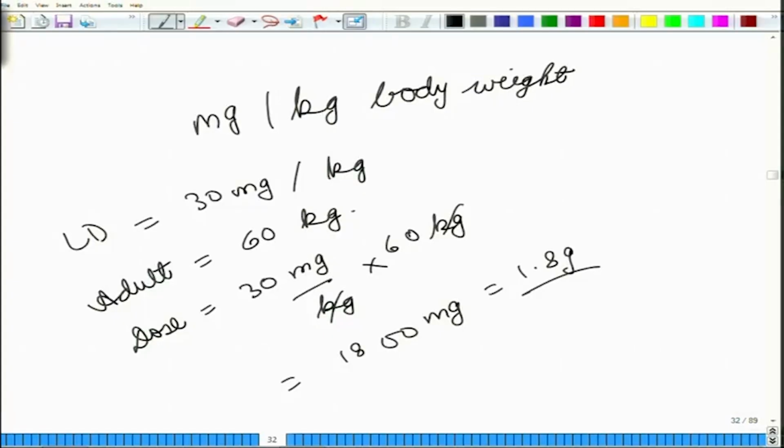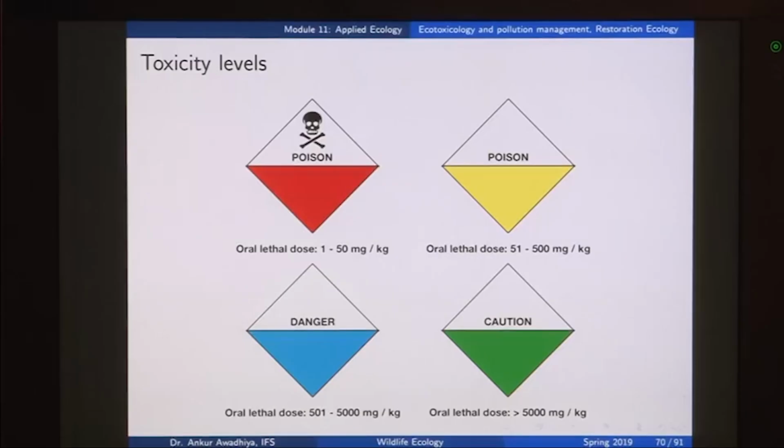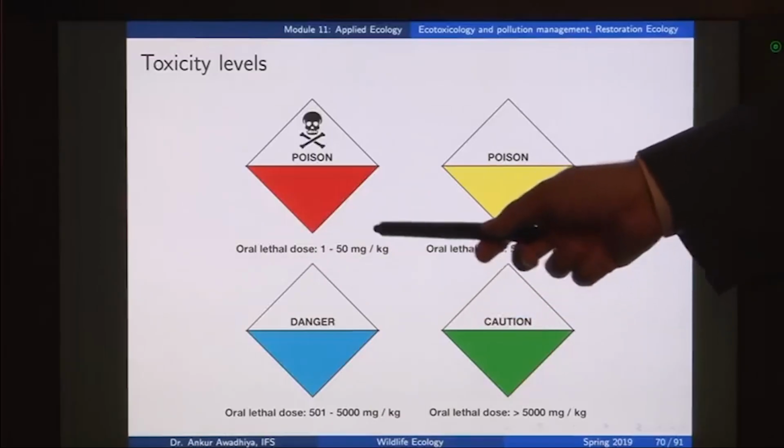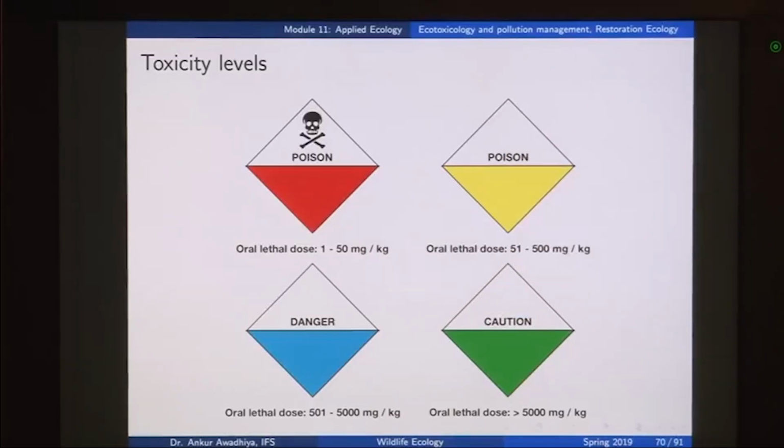Now, if we look at the toxicity levels of these 4 different categories, in the extremely poisonous cases the oral lethal dose is very small, just 1 to 50 milligrams per kg body weight is sufficient to kill an organism.